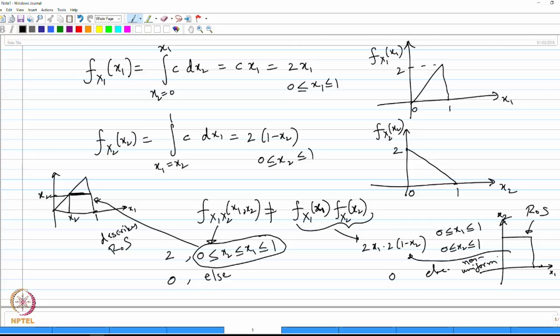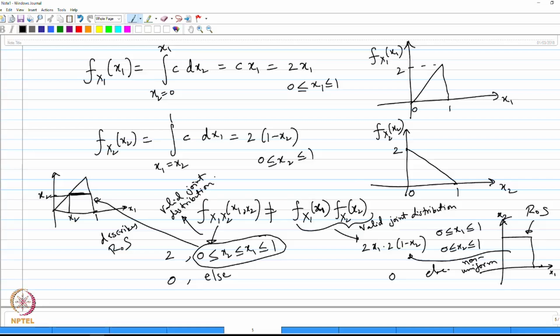So we see that there are two different joint distributions here. This is also a valid joint distribution. Both of them have the same marginals, right?